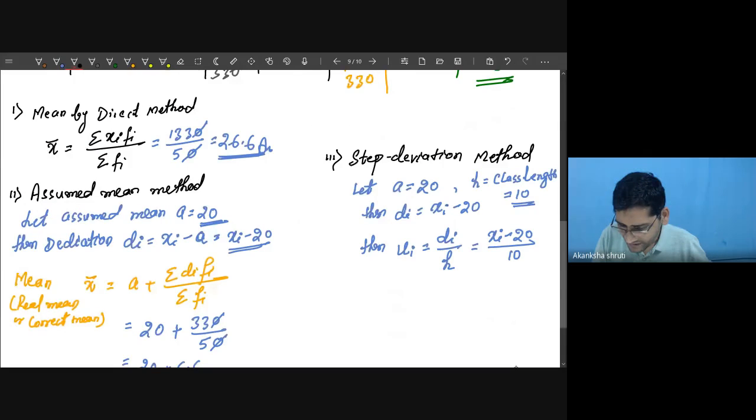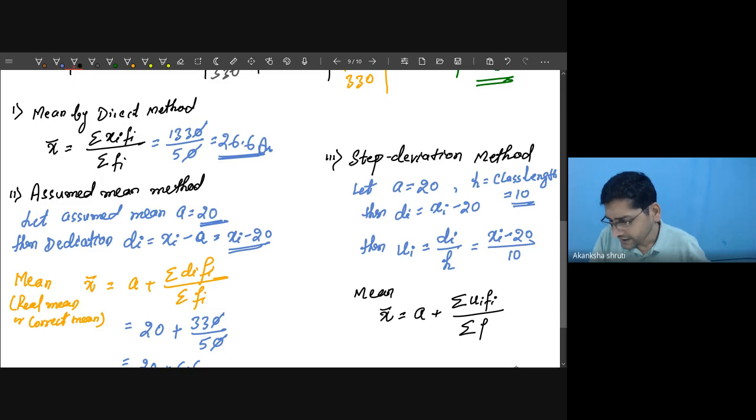The actual mean x bar is calculated by adjusting this assumed mean by summation of ui fi by summation of fi, but since the ui is obtained by dividing by h, this needs to be multiplied by h also.